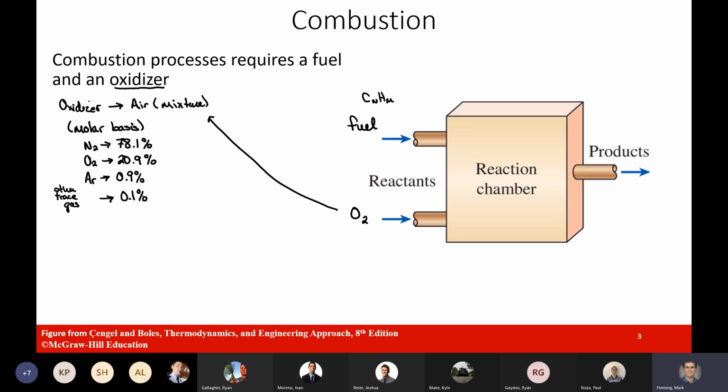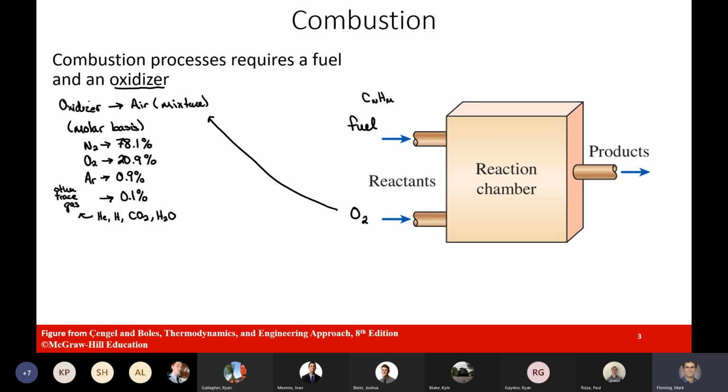And so air has quite a few different gases, and we'll note that the trace gases that we generally consider, there's a little bit of helium, there's a little bit of hydrogen, there could be some carbon dioxide, and of course we could have some water vapor with some humidity. And so that can be considered in these trace gases.